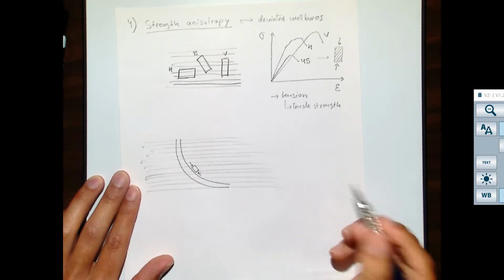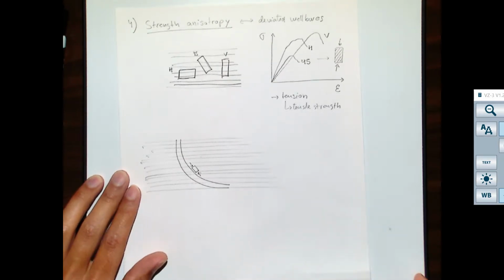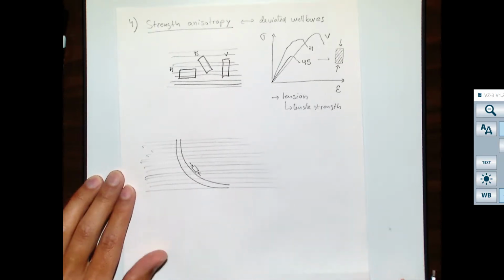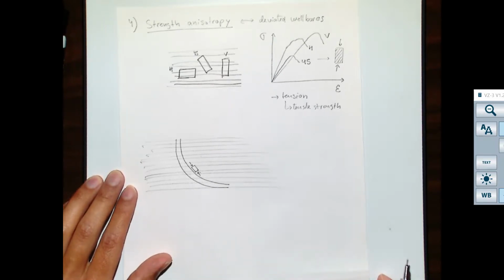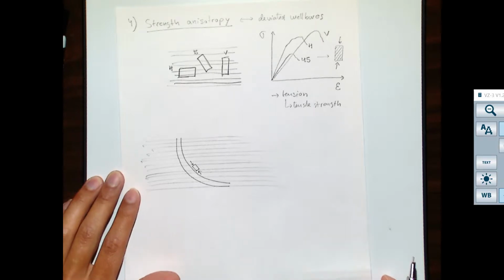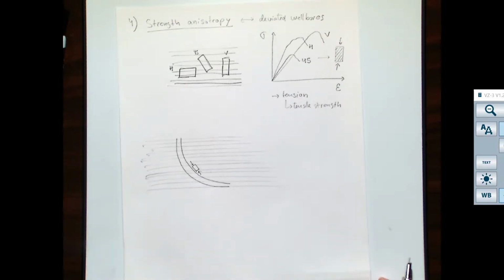And if you ignore this, sometimes you can make some serious mistakes, and your mud window may be quite a bit off of what it really is. What you calculate may not be very accurate.